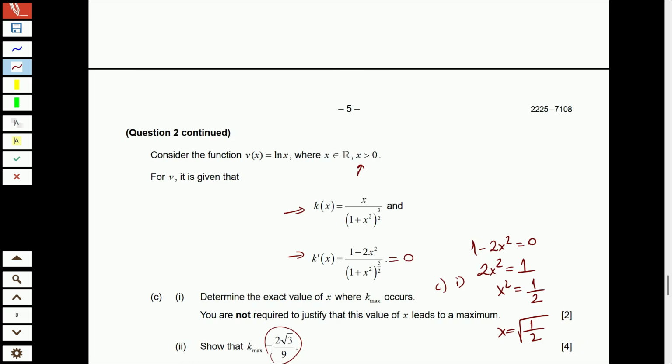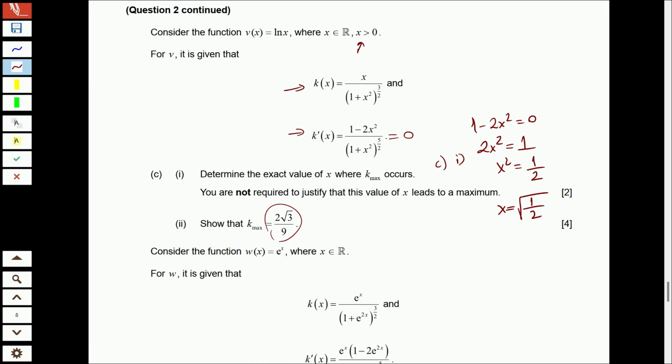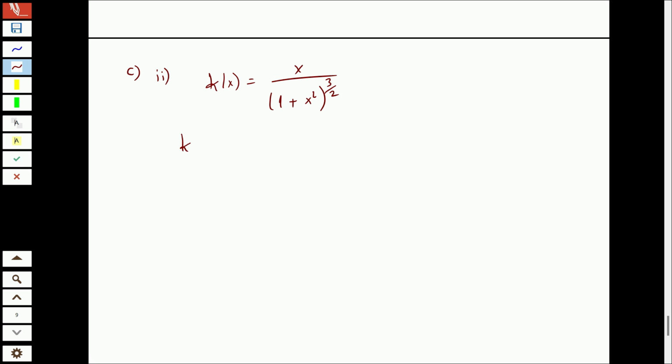And we're going to plug in the value that we found in the previous question to find the k-max. We can directly write that: square root of 1 over 2, over (1 plus the square of this value, which will be 1 over 2) to the power of 3 over 2.